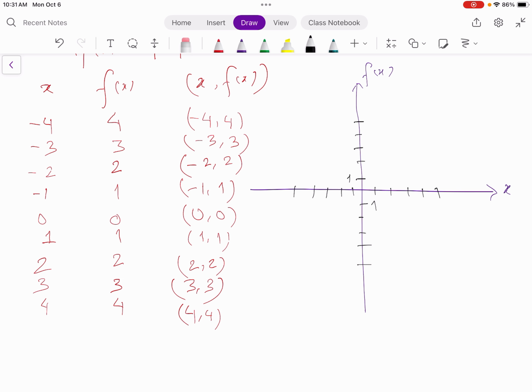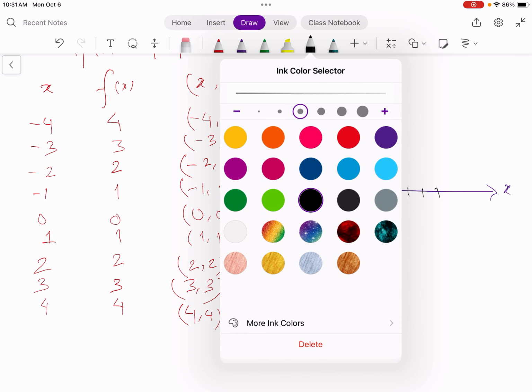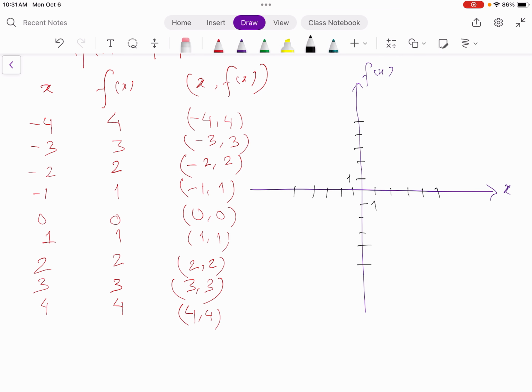Okay, (-4, 4). Where is that? 1, 2, 3, 4 across and 1, 2, 3, 4 up. Okay, so we have here (-3, 3). So -3 is here, +3 is here. (-2, 2). -2 is here, +2 is here.